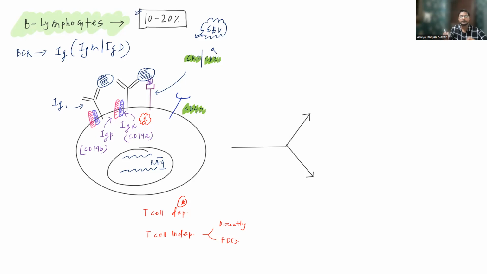Now, if the B cell is activated with the help of T cells, the T cells will have a molecule known as CD40 ligand. So when the T cells activate the B cells, they will activate the B cell receptor complex, which will give the signal 1. But along with that, they will also activate the CD40 receptor with the help of CD40 ligand, which will provide the signal 2.